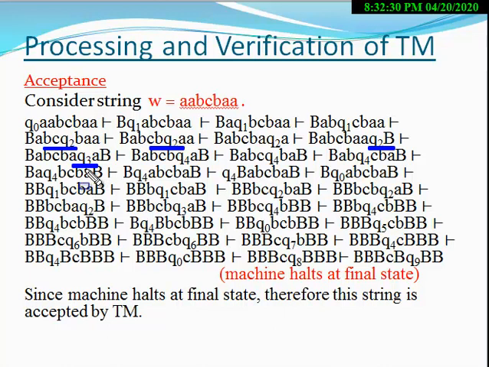When at Q3 the input symbol A appears, the machine replaces input symbol A by the blank symbol, moves in the left direction, and changes its state to Q4.